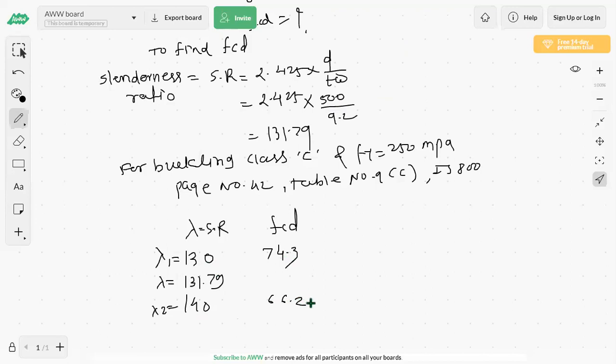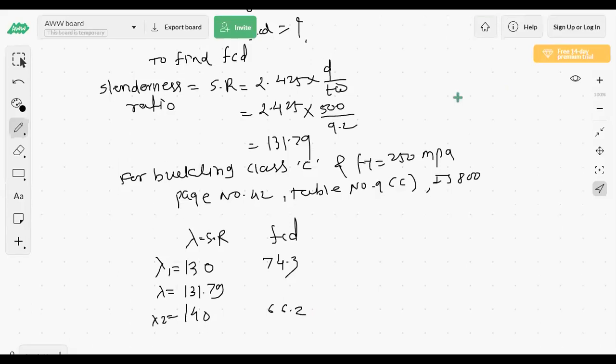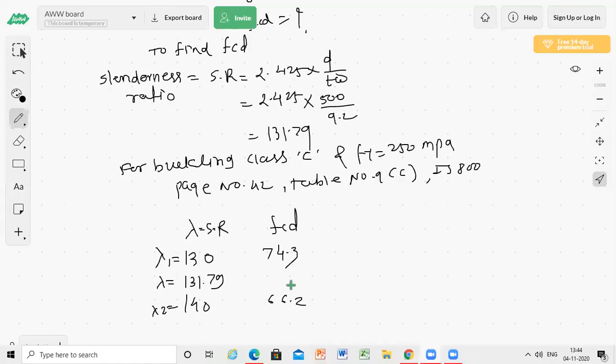Please everyone see, are these correct values? Okay, correct, 74.3 and 66.2.